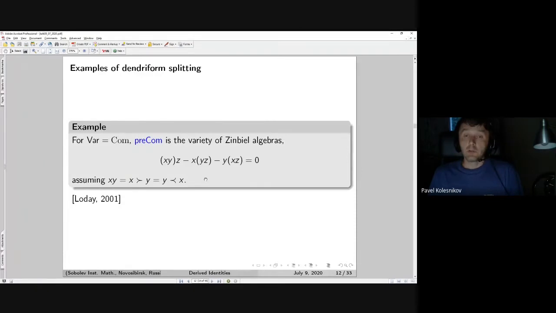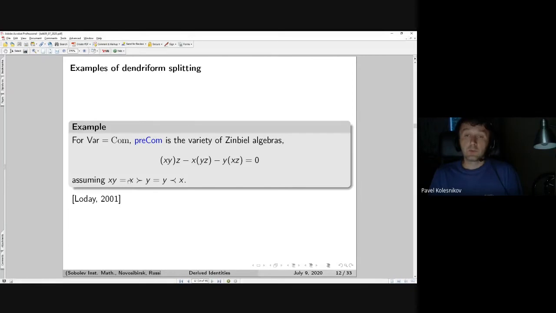Another well-known example is the dendriform split of commutative algebras. Pre-commutative algebras are exactly the variety of Zinbiel algebras, non-associative algebras defined by this particular identity. Again, the dendriform 2-split allows us to express everything in terms of only one operation.